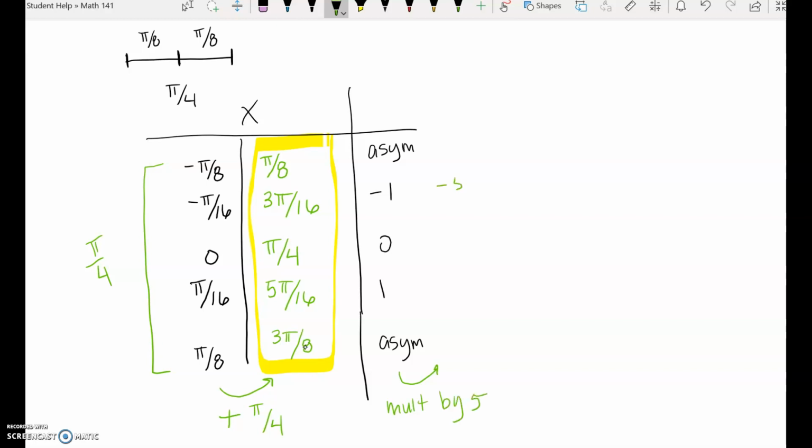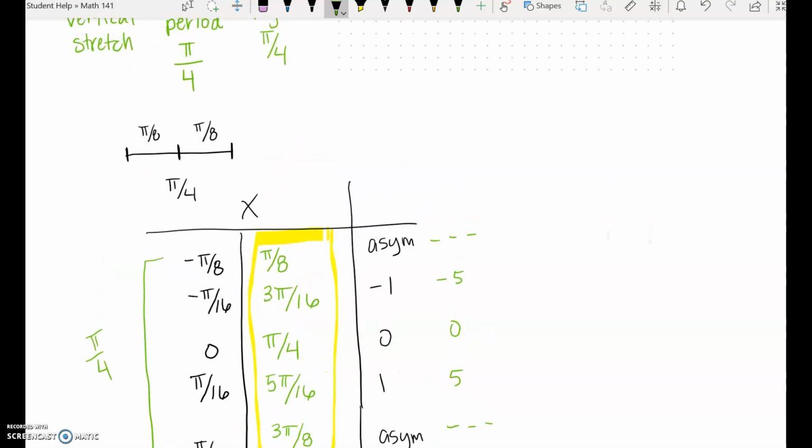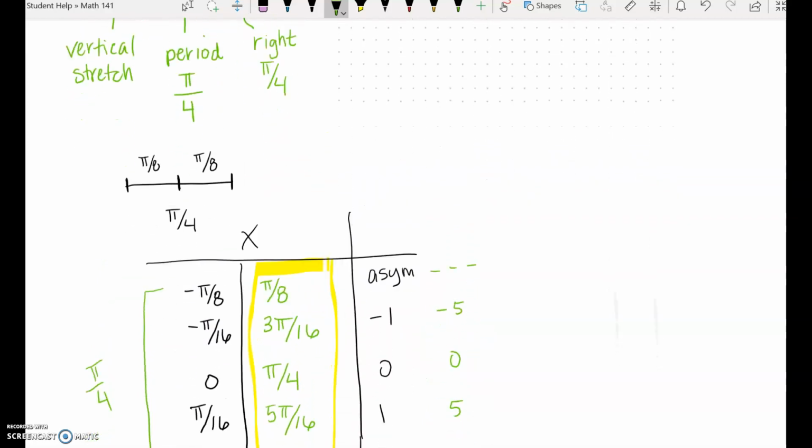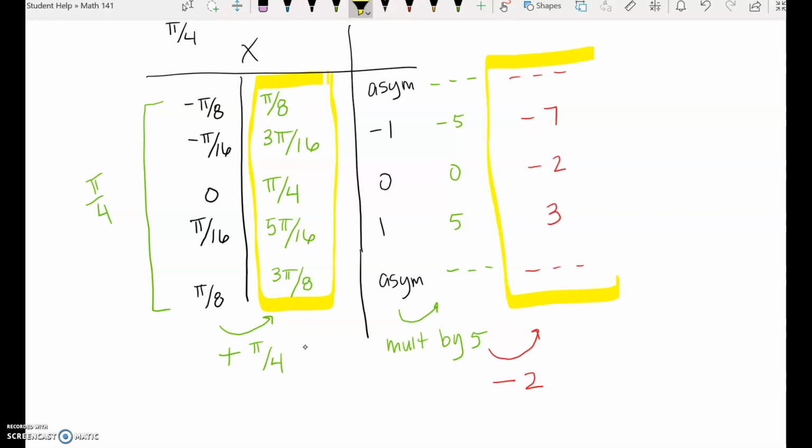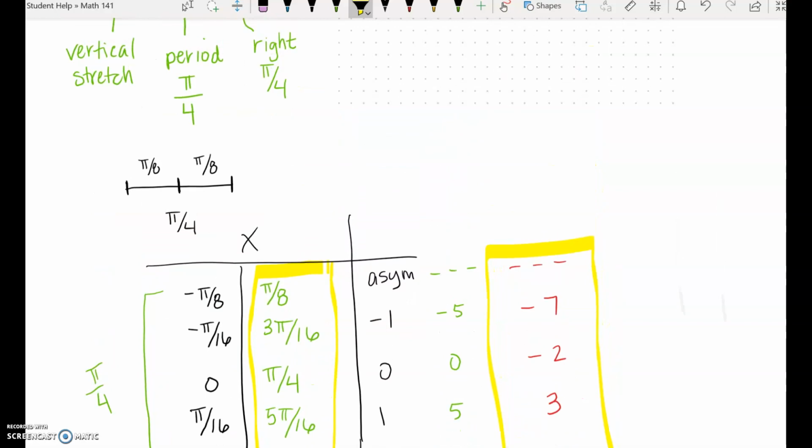So this will change to -5, 0, and 5. This is still going to be an asymptote here. And then the second thing we'll do is subtract 2 from each of those values. So we're ending up still with an asymptote. This is going to go down to -7. This will be -2. And this will be 3. So these are the y values that we're going to end up plotting.